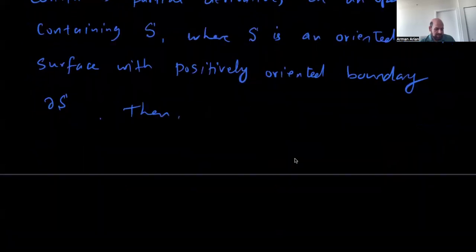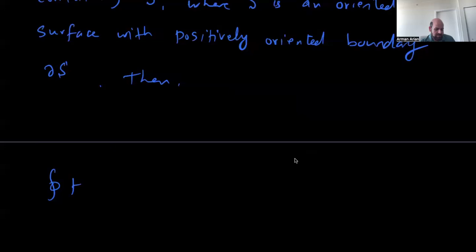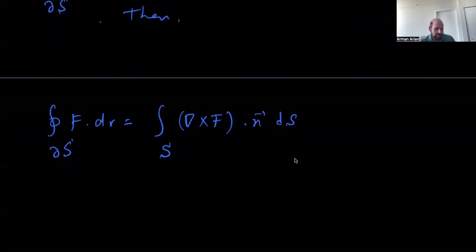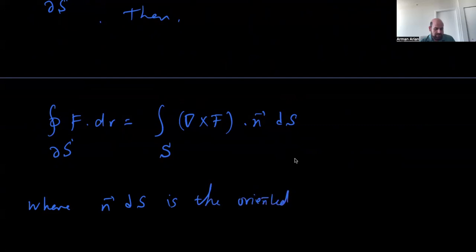what can we say? We can say the integral of F dot dr equals the integral of curl of F dot n dS. This one is on the boundary, so we call the boundary ∂S, and the surface we called S. So where n dS is the oriented surface element.